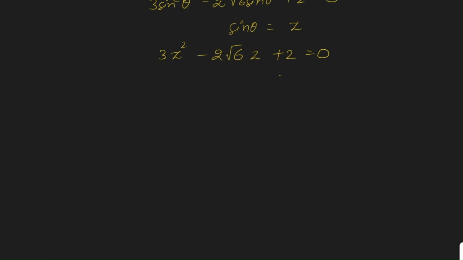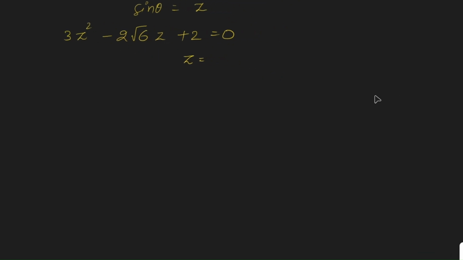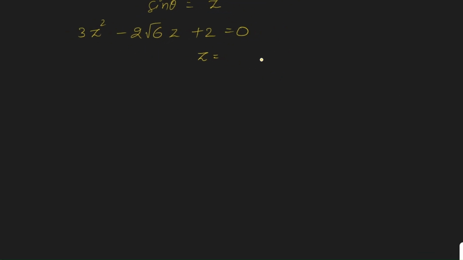So z is going to be negative b, which will be positive 2√6, plus or minus the square root of b squared. So the square of this is going to be 24, and then negative 4 times 3 times 2, so 4 times 6 is 24.